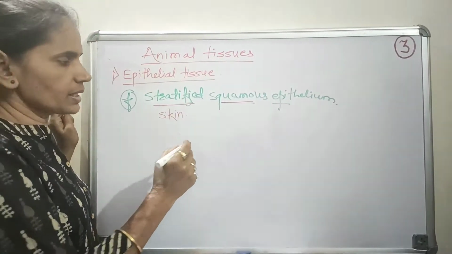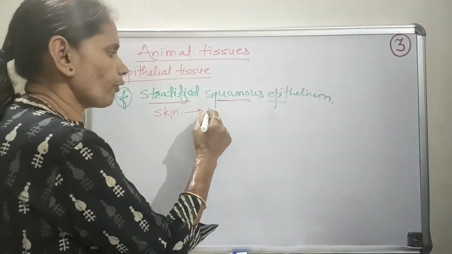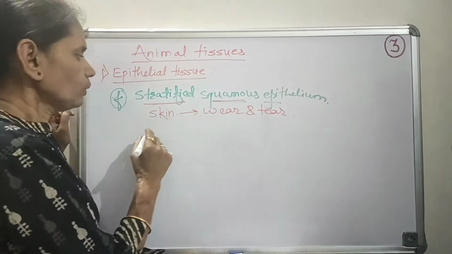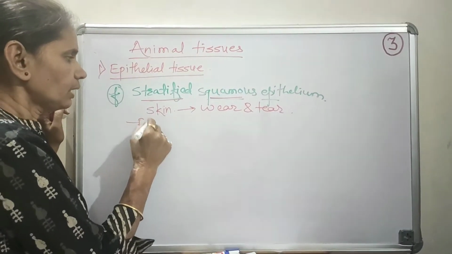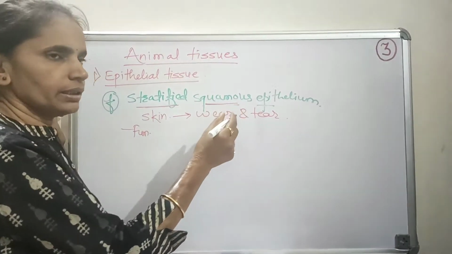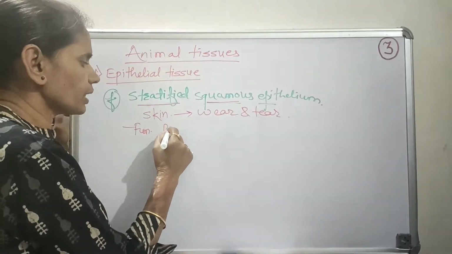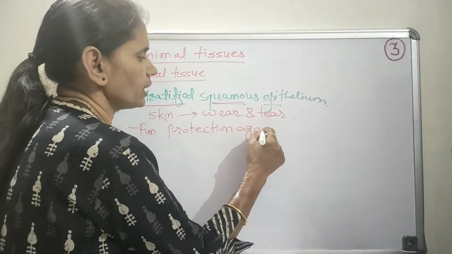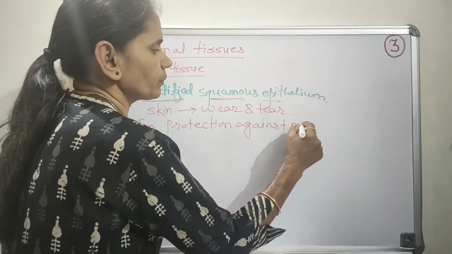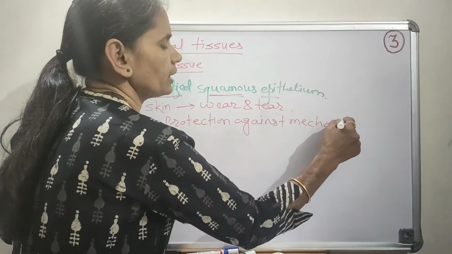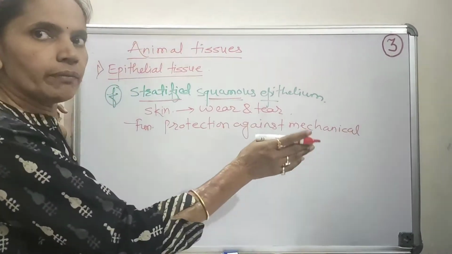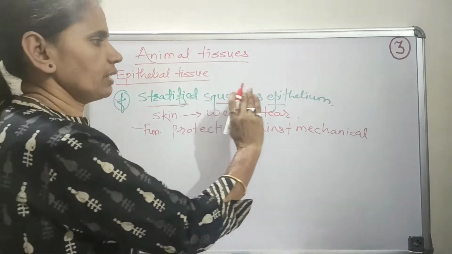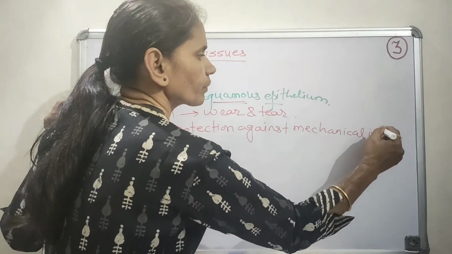The layers protect the skin from wear and tear. The main function of stratified squamous epithelium is protection against mechanical injury. Whatever damage the skin may suffer is prevented by the layers of stratified squamous epithelium.